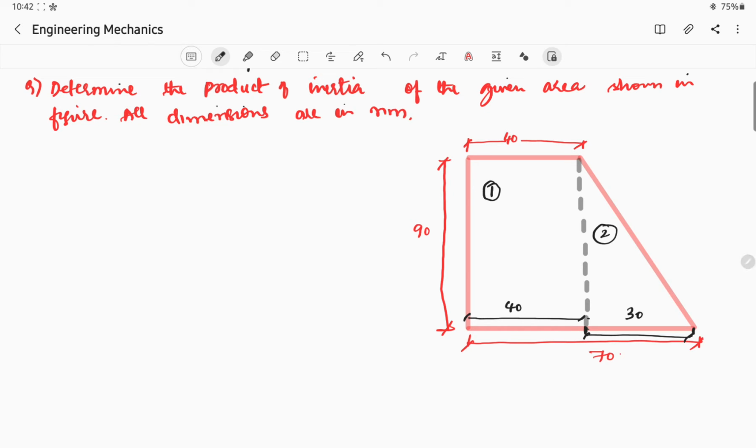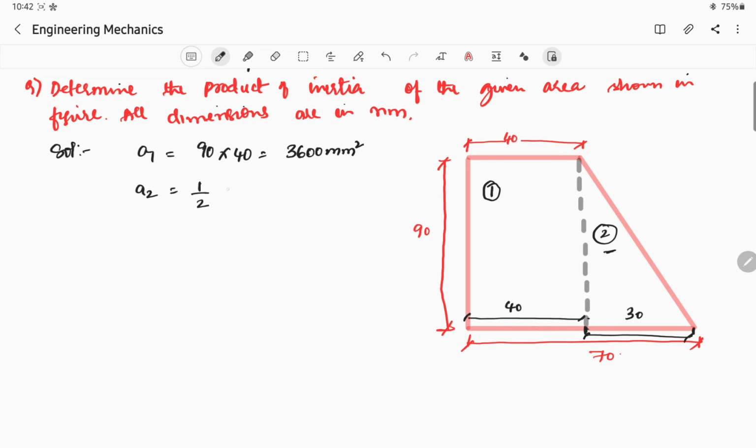So I have two figures now: one is a rectangle and the other is a triangle. First I'll calculate the areas. A1 is the rectangle, so 90 into 40, which is 3600 mm square. What about A2? This is a triangle, so the formula is half base into height.